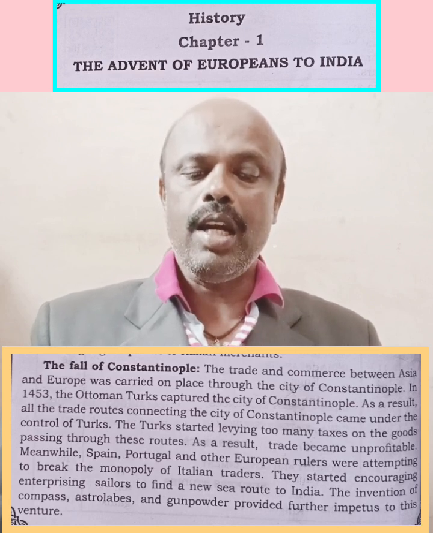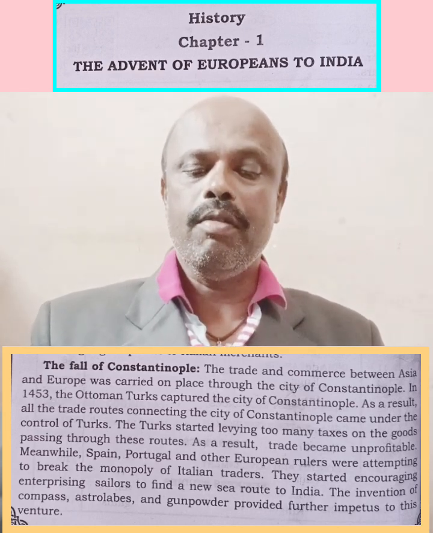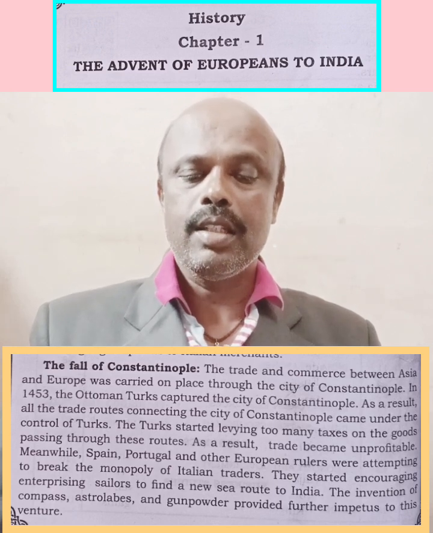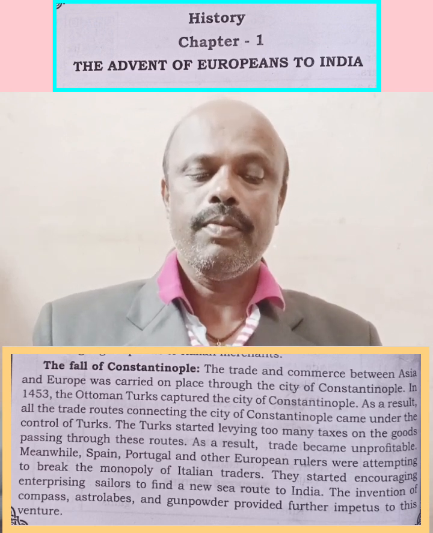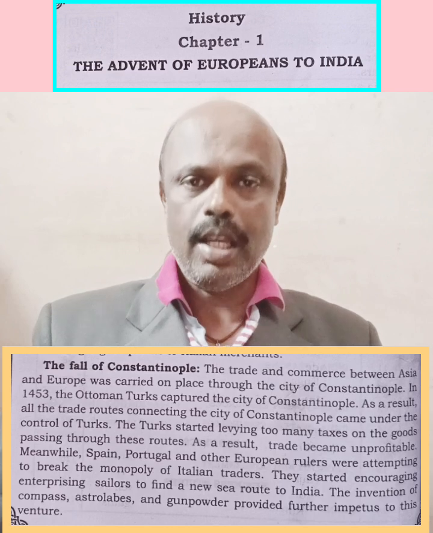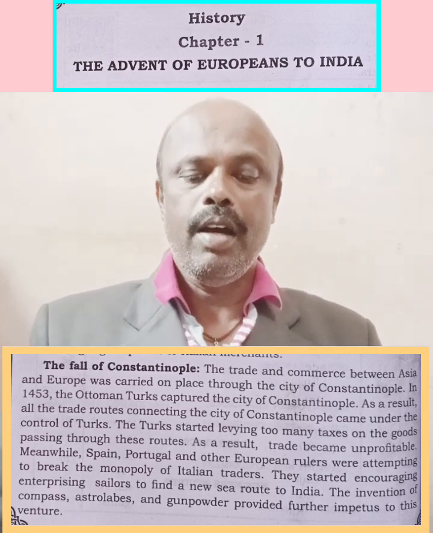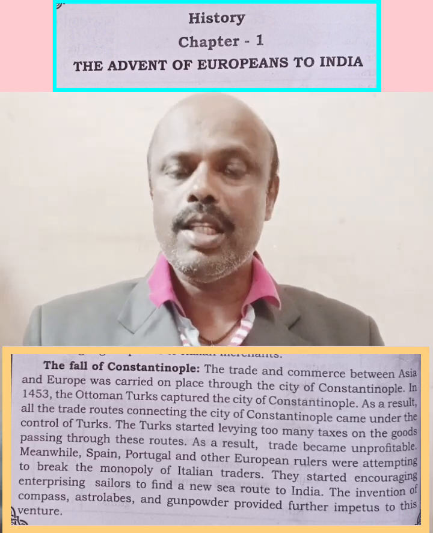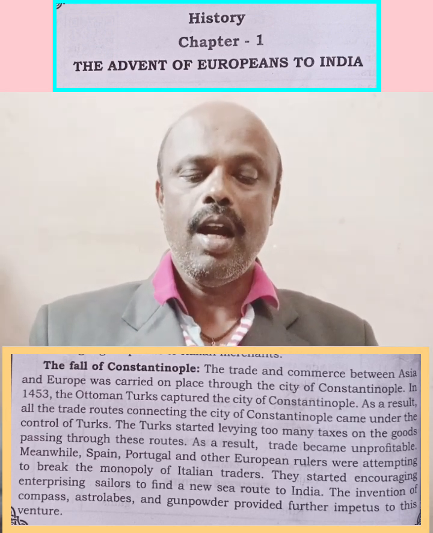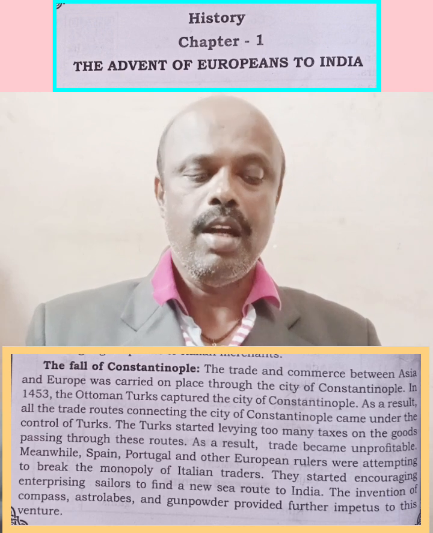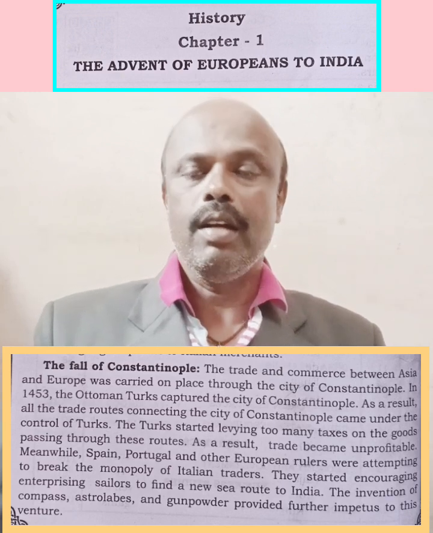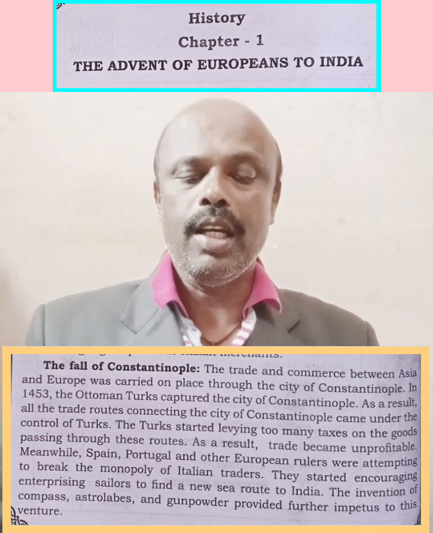The Turks started levying too many taxes on the goods passing through these routes. As a result, trade became unprofitable. Meanwhile, Spain, Portugal, and other European rulers attempted to break the monopoly of Italian traders.